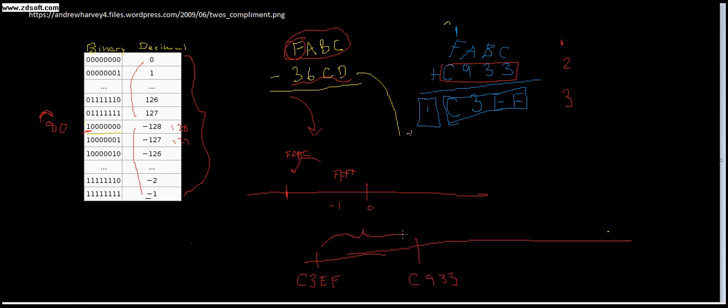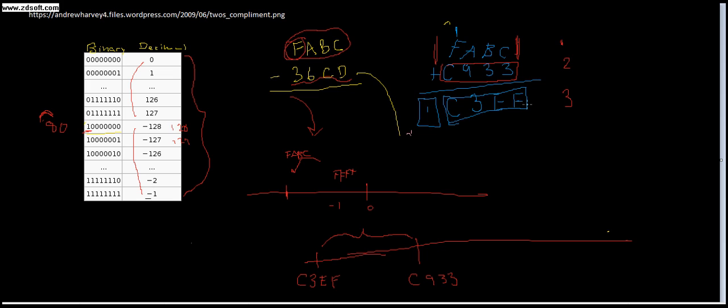About how much more negative is it? Probably, it seems to me, about C933 plus FABC more negative. Okay, so FABC is not that great in magnitude. So if we would take the absolute value of the signed representation, it wouldn't be substantial. Okay? So let's see if it is correct.